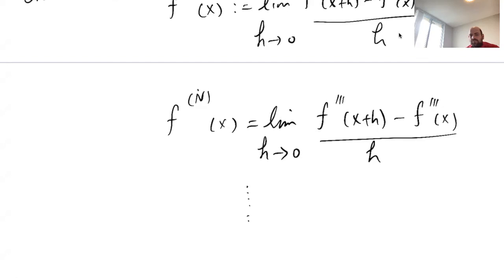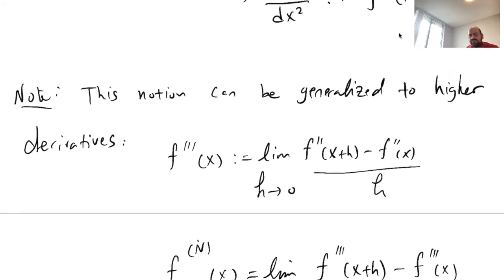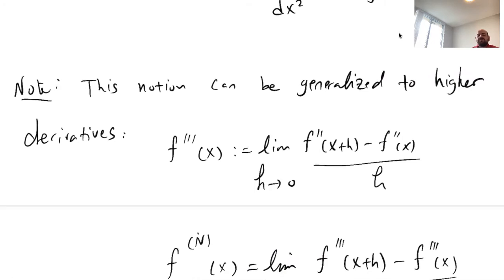Okay, you may ask, why or how is it useful to define the second derivative, third derivative, and so on. So there are many applications, similar to the first derivative that has many applications. The second derivative also has applications. For example, we will see later that the second derivative determines the concavity of a function.